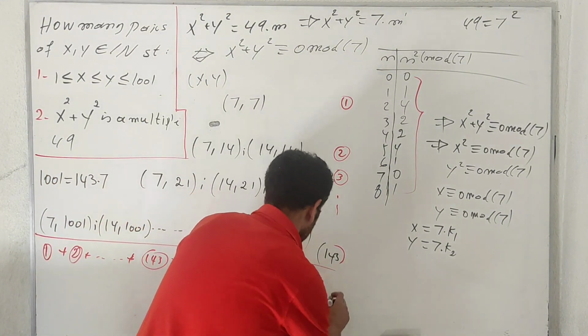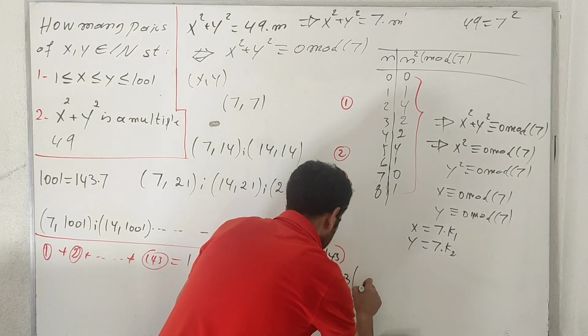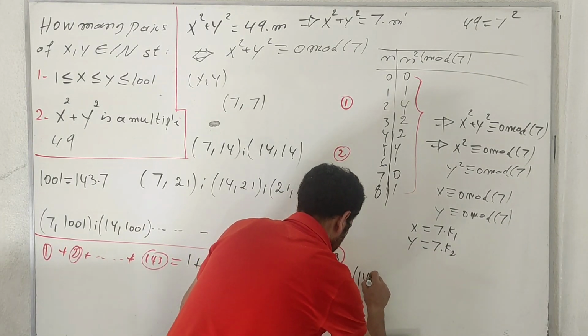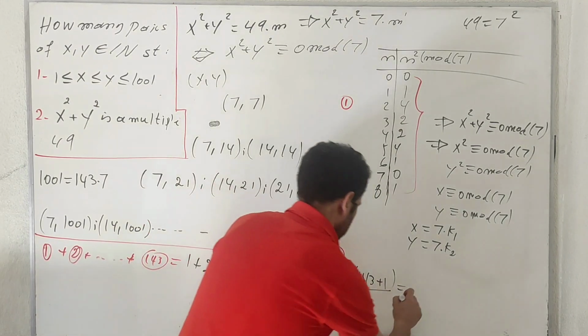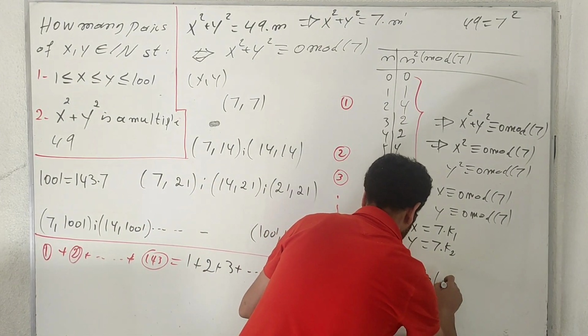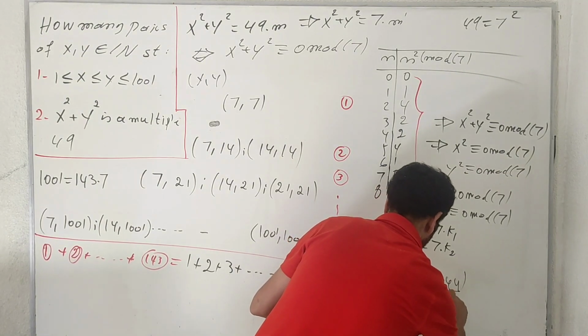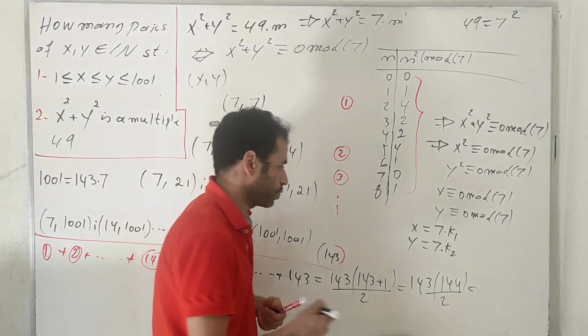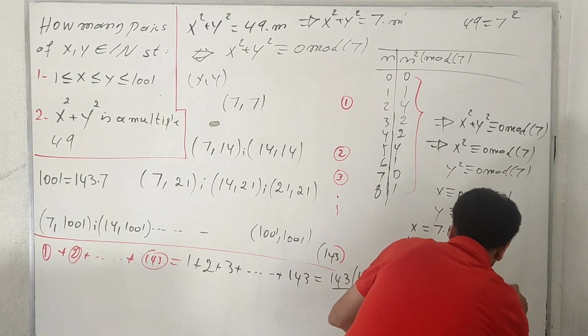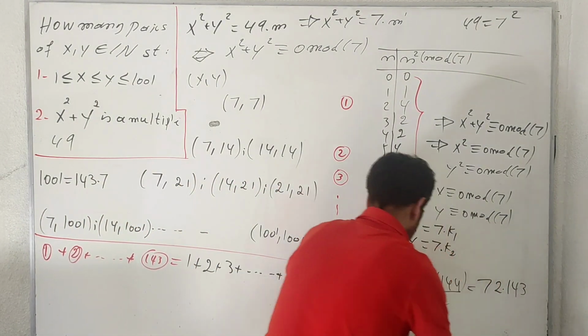n will be replaced with 143, so 143 multiplied by 143 plus 1, divided by 2, which is 143 multiplied by 144 over 2. 144 over 2 is 72, multiplied by 143.